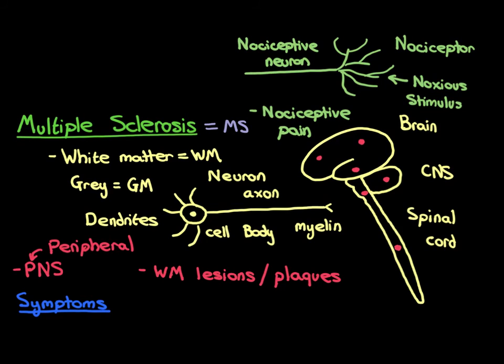So when you get these multiple sclerosis white matter lesions forming within the white matter of the central nervous system, you're not going to get nociceptive pain usually. So the formation of this lesion doesn't actually cause a headache or anything like that, because the white matter is not innervated by nociceptors. Okay, so no nociceptive pain because of these multiple sclerosis lesions.